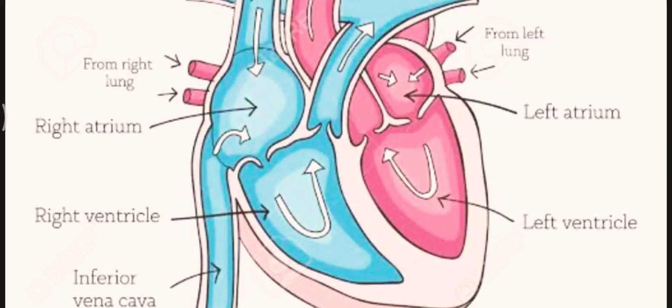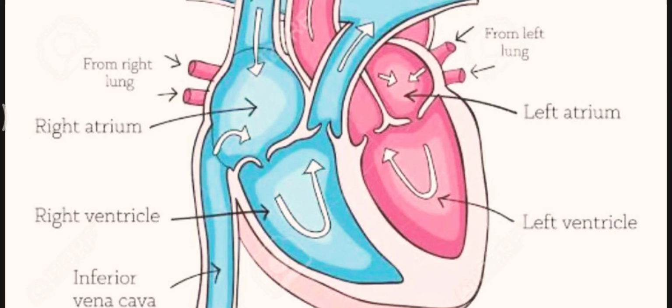So, these are the three septums that we have learned: the interauricular septum between the two auricles, without any opening, then the interventricular septum between the two ventricles, which has no opening, so that the oxygenated and deoxygenated blood can be separated, whereas the septum between the auricle and ventricle has an opening.